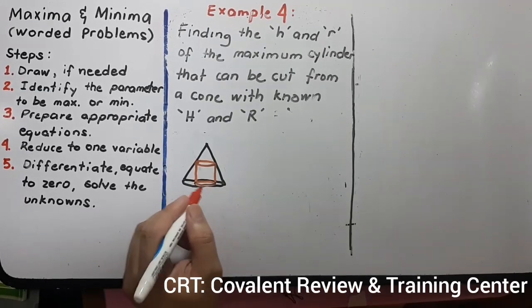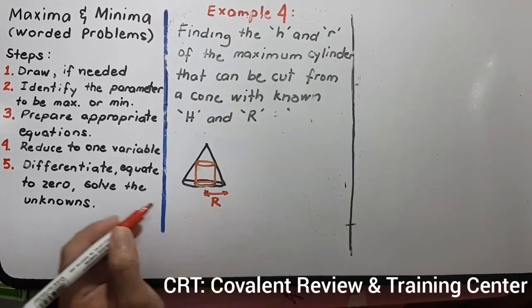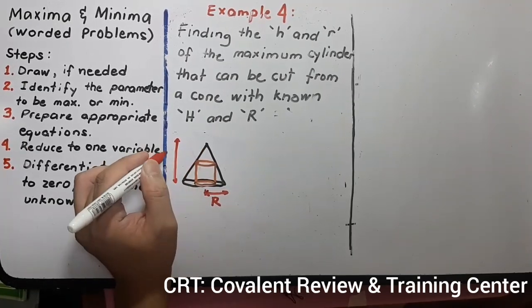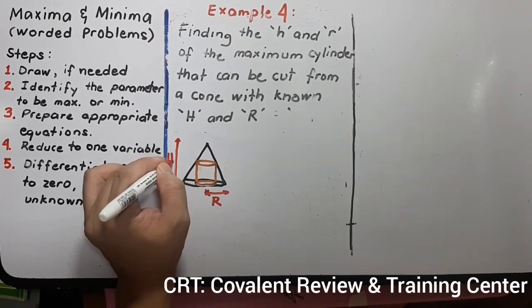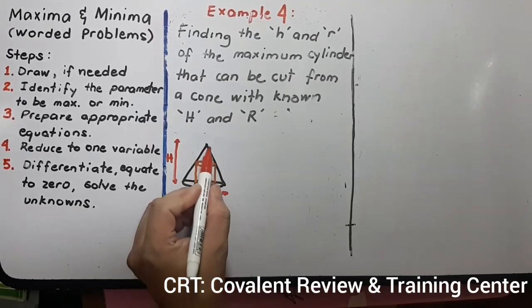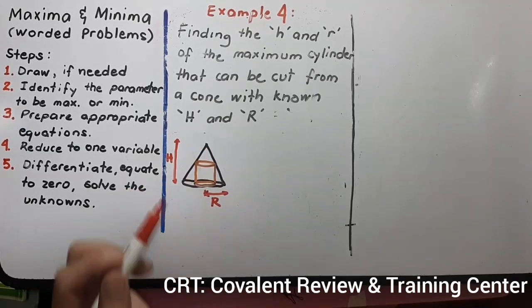The radius of the cone here is represented by capital R. The height of the cone here is represented by capital H. So we have capital R for the radius of the cone, capital H for the height of the cone.